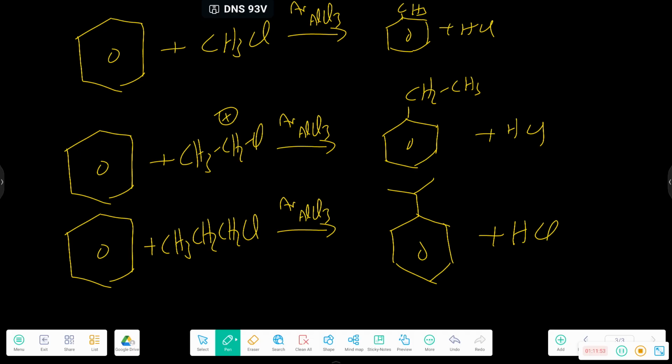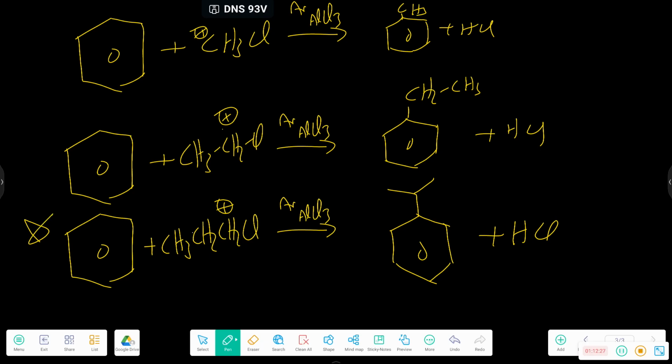The reason is that here the positive charge is on a carbocation. Any rearrangement? No. Here, any rearrangement? No. Now here the positive charge, hydrogen shifts, and we get isopropyl. This is called cumene, isopropyl benzene. Propyl benzene will not form; isopropyl benzene will form.